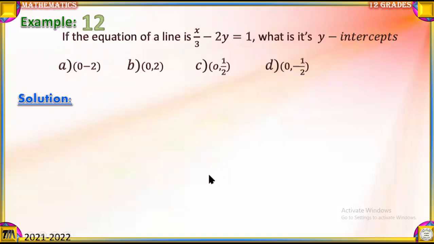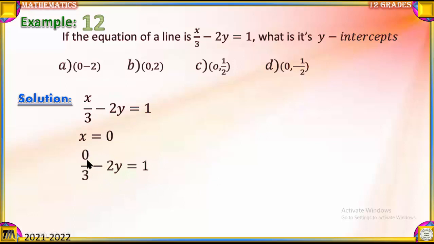Example number 12. If the equation of a line is x over 3 minus 2y equals 1, what is its y-intercept? Let x be 0 to find the y-intercept.